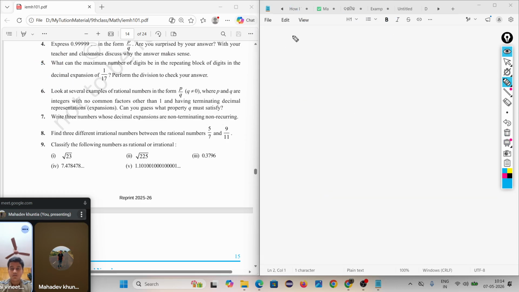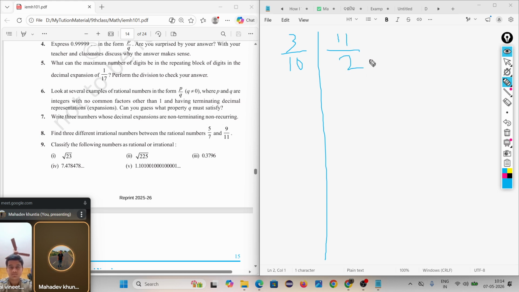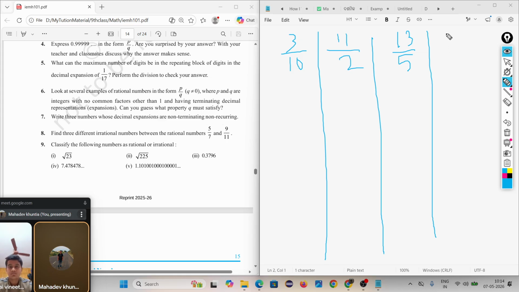The examples are 3 upon 10, then 11 upon 2, then 13 upon 5, then 6 upon 7. For 3 upon 10, 100% you will get a terminating decimal. 11 upon 2, 100% terminating. 13 upon 5, 100% terminating. This means the decimal expansion is terminating.